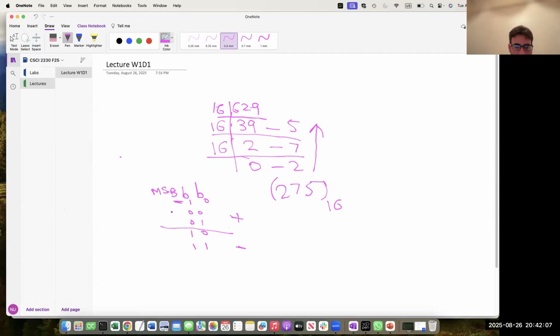So this represents 0, this represents 1, and this represents -2. Sorry, not -2. This represents -1 and this represents -2.